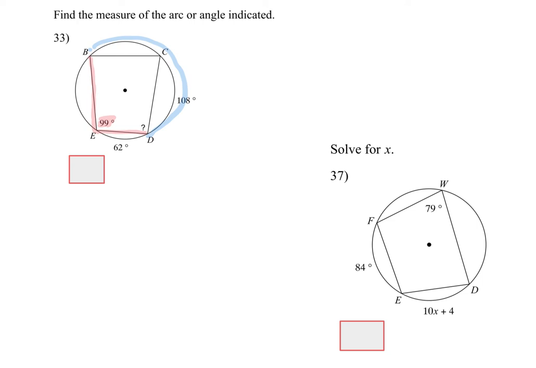So what do I need to do to figure out what that blue arc is? I need to take 99 and double it, right? What is 99 if I double it? So that tells me what this little piece is. So if I know that whole arc is 198, how does that help me find this piece?